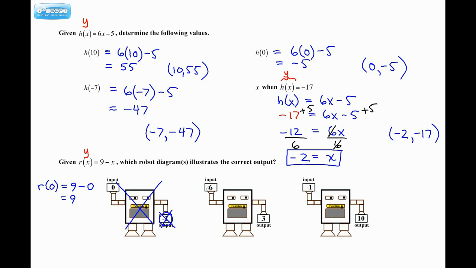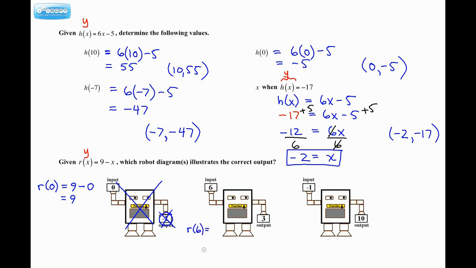So we put in the input, that's our x value. If 6 goes in, for this robot 3 comes out. So let's see if that matches our robot function here. A little tight on space, I'll squeeze it in here. We're trying to determine r of 6, and we're going to compare it to what the robot actually gives us.